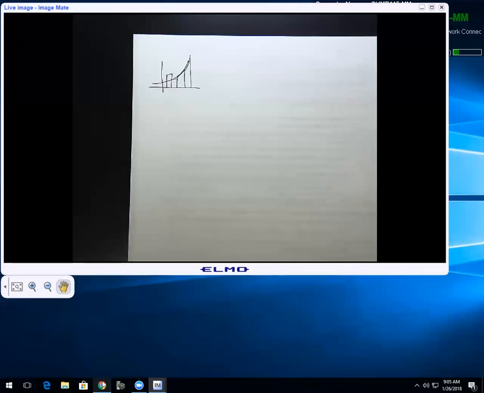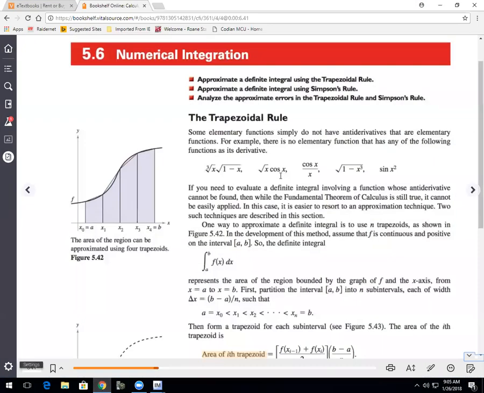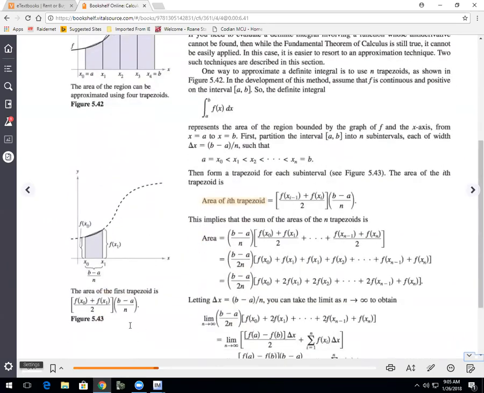Let me show you a little bit of math that I don't want to do. It would be like doing number 65 again. This is the book, and shows you, here's a bunch of trapezoids on an interval from A to B, and the area of each trapezoid, right here's what I'm trying to highlight. Each trapezoid has the width of the length of the interval divided by the number of trapezoids.